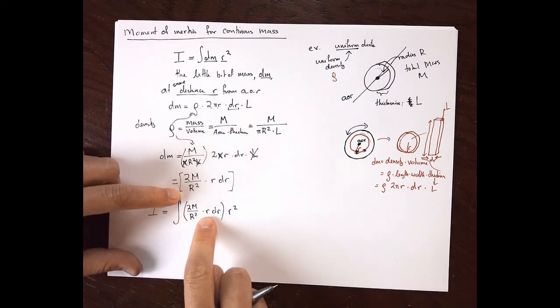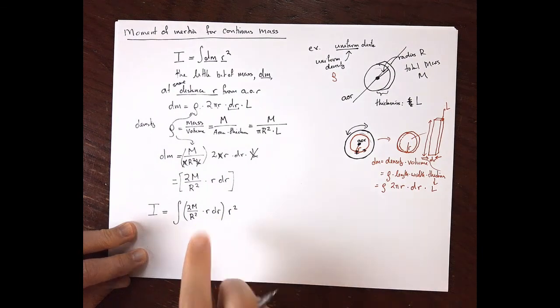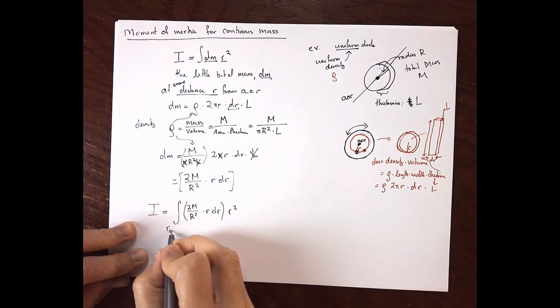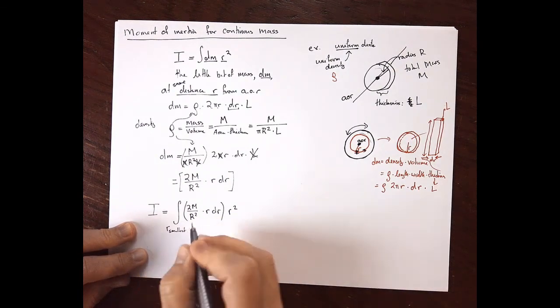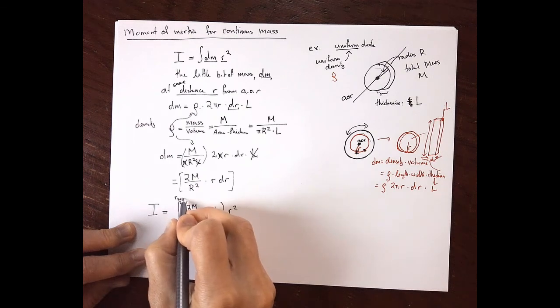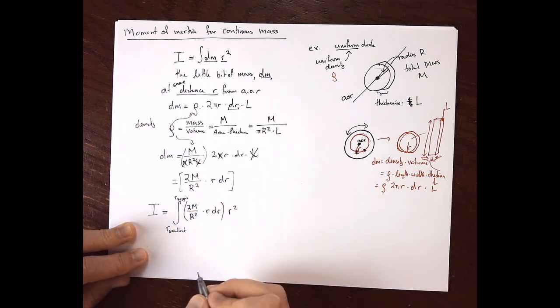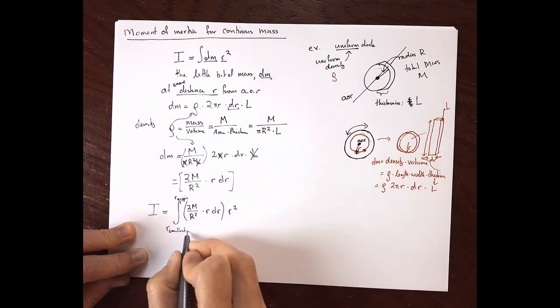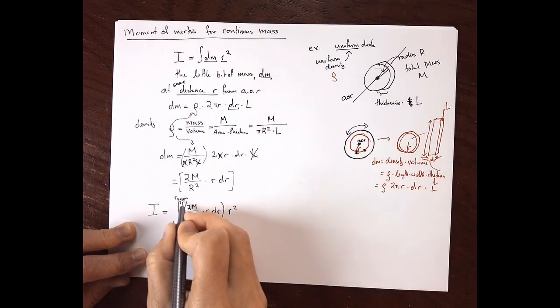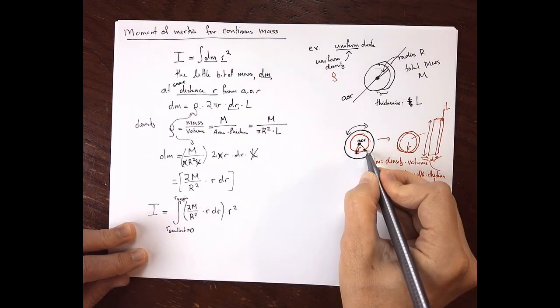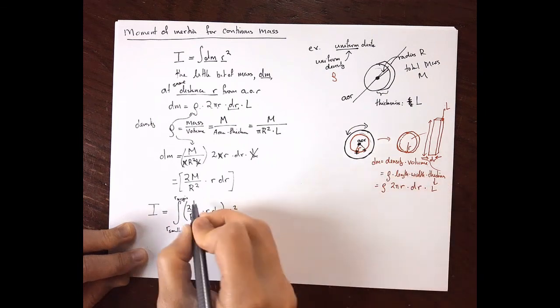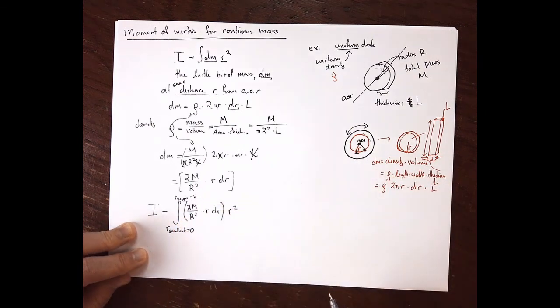What are the different little radii that we're looking at? So we go from the smallest to the biggest, and the smallest the radius ever gets is right in the middle, so that's 0. And the biggest the radius gets is when we're out here at the outer radius, the full radius. So that's big R.